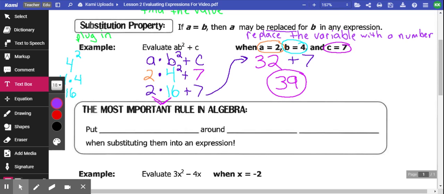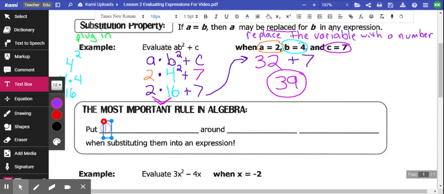And then this says the most important rule in algebra. I think it's probably the second most important rule in algebra. The most important rule is opposite operations to both sides. But this rule will also help you.